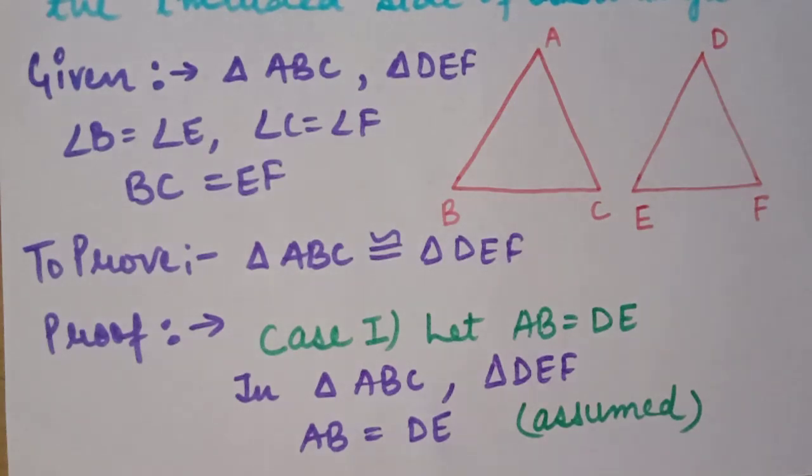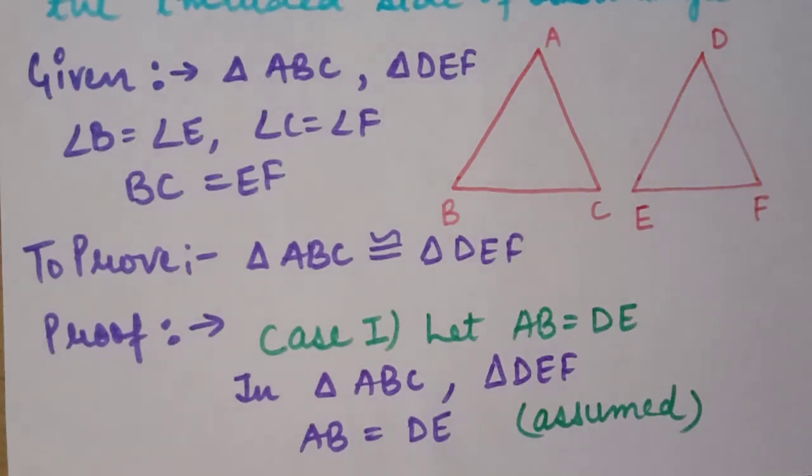One more thing, when we are going to prove that two triangles are congruent, we prove it with the help of three equalities. Earlier I explained to you that we have 6 equalities, but for proving congruency we need only 3 equalities. If we prove that these two triangles are congruent, then the remaining 3 equalities we take as already equal to each other.